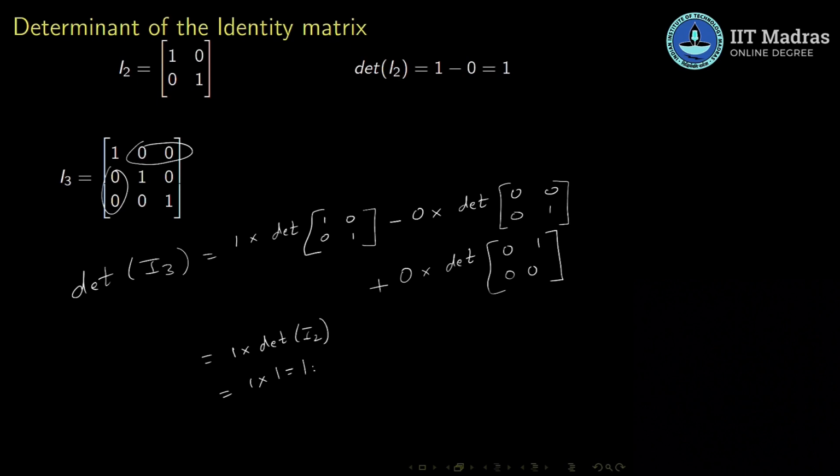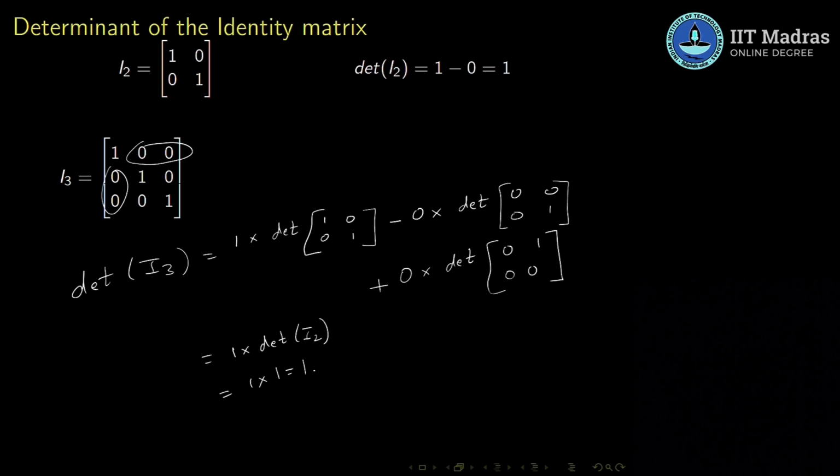I hope this showed you that the determinant calculation is quite straightforward, and the determinant is computed in an inductive way, meaning if you want to compute the determinant of a 3 by 3 matrix, the computation reduces to determinants of 2 by 2 matrices. This is an important idea which you should keep in mind as we go ahead.